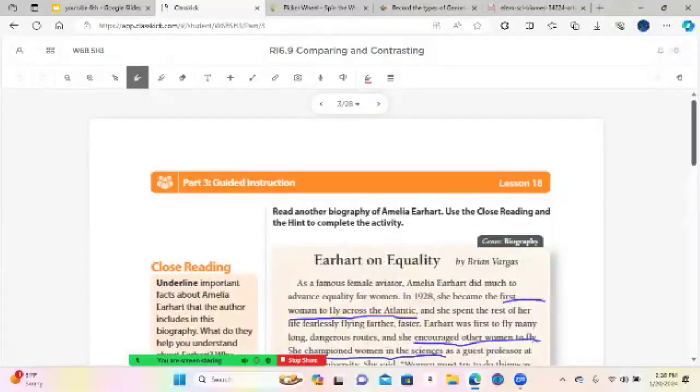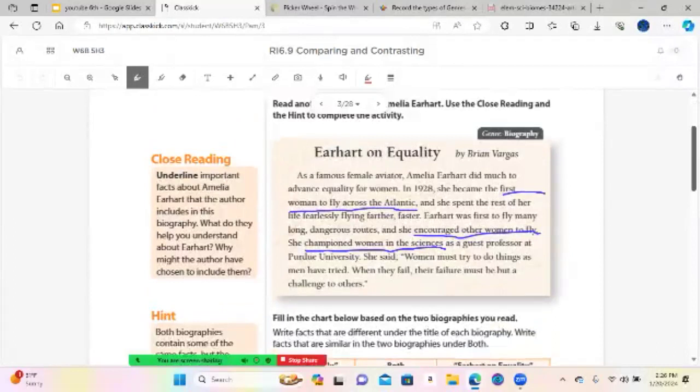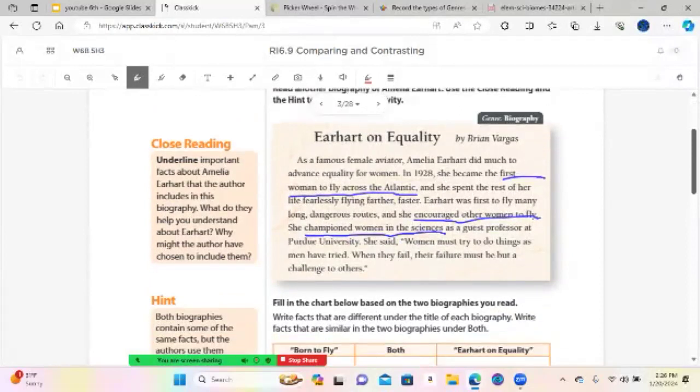So let us look at this to see if there's anything that is only mentioned in this story right here. This one mentioned, we already highlighted it. She was the first woman to fly across the Atlantic.